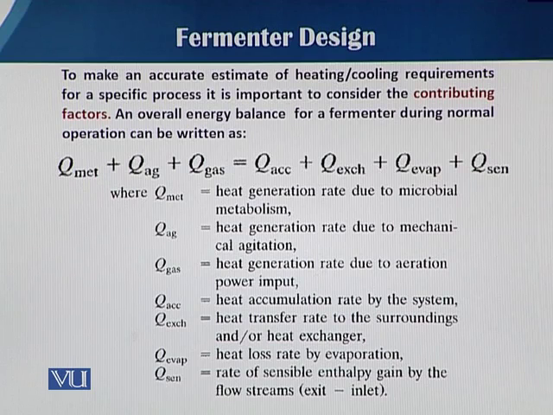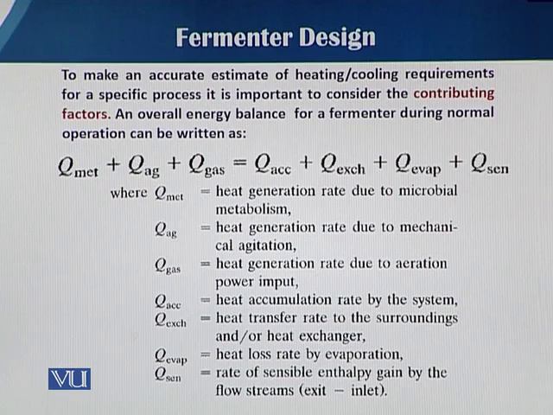That is denoted by Q Ag, from agitation. Then there is Q gas, the heat generation rate due to the aeration power input, because when the aeration is sparged into the fermentation media, there is a resistance, and due to that there is heat production. So these are the three factors which can add heat into the system.